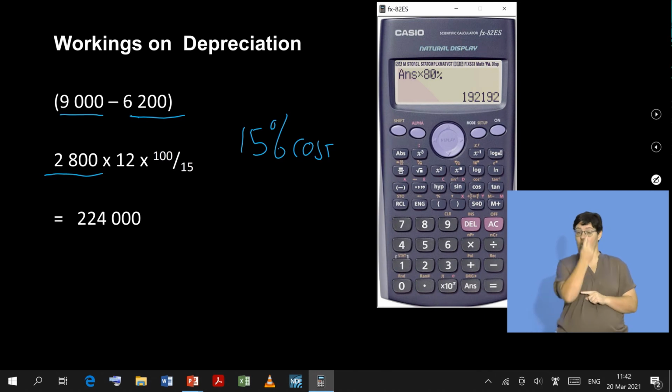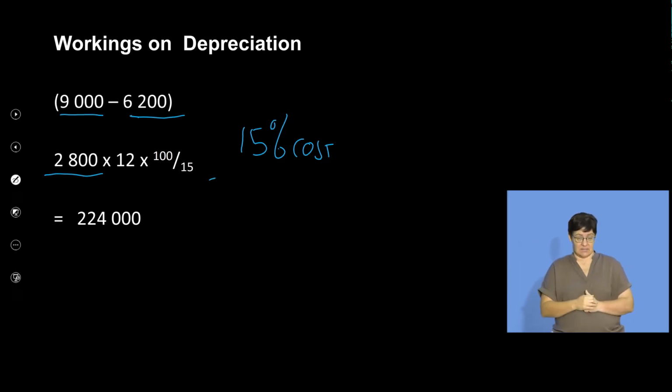Here we go. Firstly, we said, take your 9,000 minus your 6,200 will give you a figure of 2,800. Multiply that by 12 will give you a figure of 33,600. Now, watch this here. Your 33,600 is equal to the 15%, which is your depreciation.